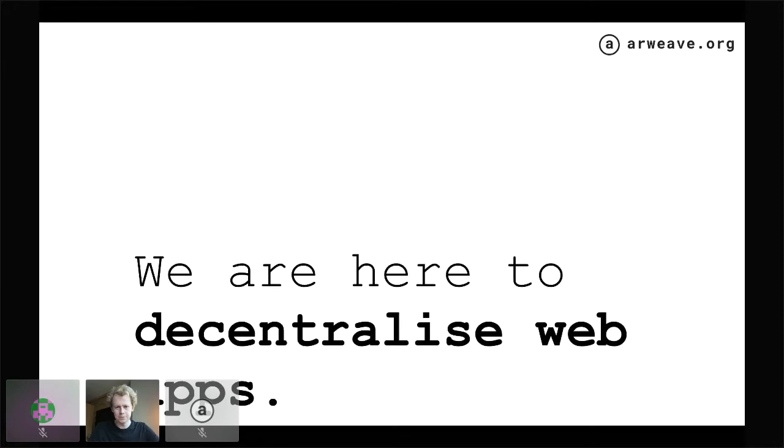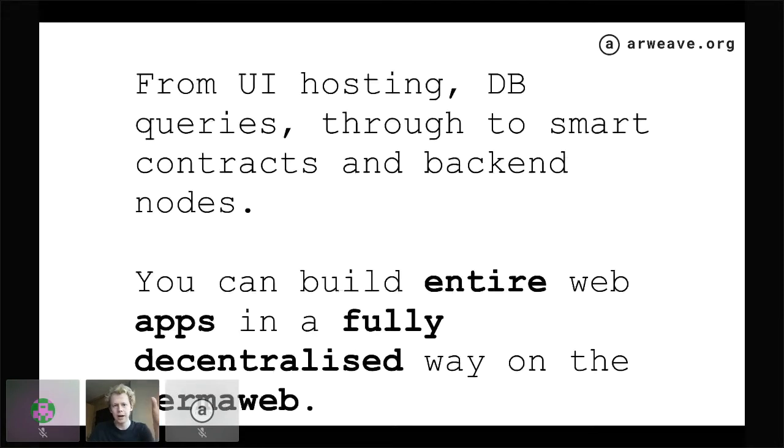And on top of the Arweave PermaWeb, you can do this right across the stack. So you can host your UI on Arweave in a way that is replicated all around the world in a redundant fashion, such that it can't be censored, it can't be altered by anyone, including the person that uploaded it after the fact. It also covers database queries. You can put information into the network as a transaction, and then you can query that information back using GraphQL, just a normal, simple interface like you would in any JavaScript application, and it works in a decentralized way.